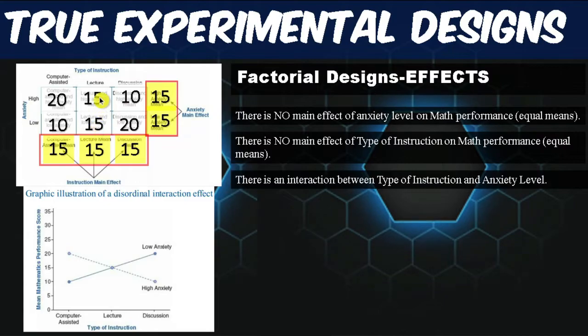Under the lecture group, there's actually no difference. And under the discussion group, we see that the case is reversed. Students with low anxiety were the students with the better performance. So depending on the type of instruction, the effect of anxiety on math performance also varies. Here, low anxiety means better performance.